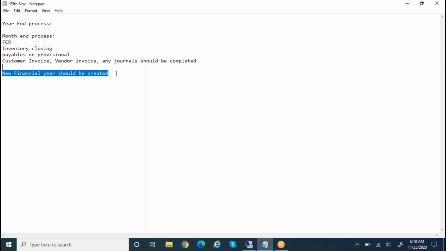You need to run it in a sequential manner: from 2015 to 2016, from 2016 to 2017, 2017 to 2018. You need to complete them sequentially. Then the last year's balances will be created as opening balances.